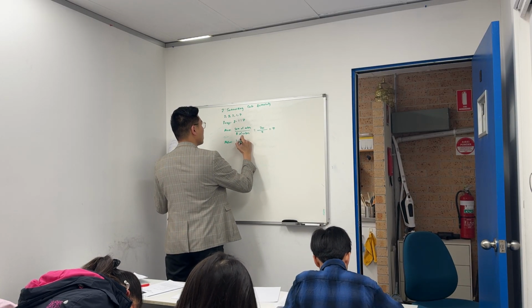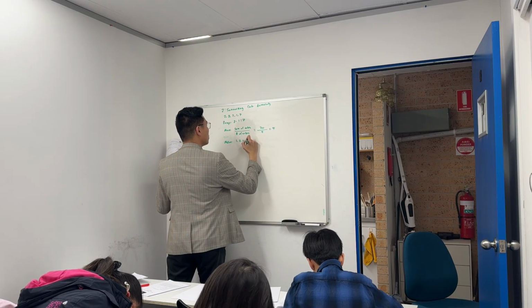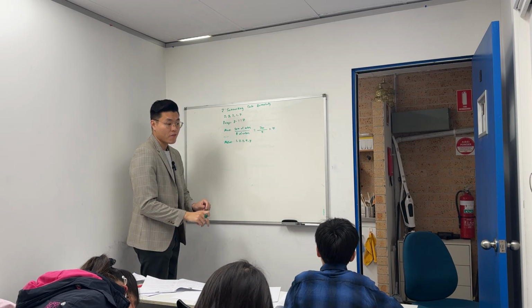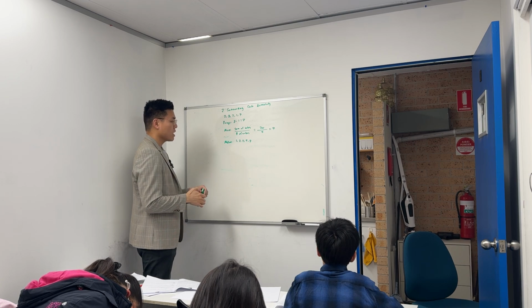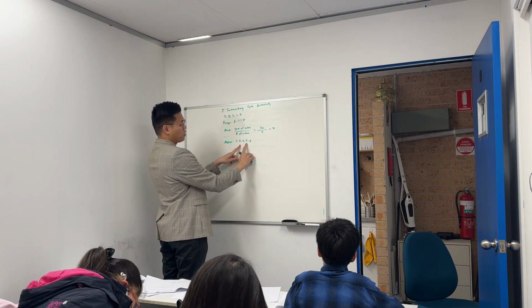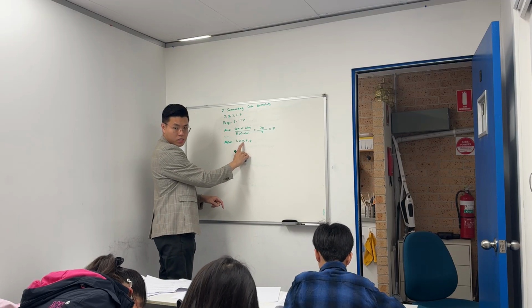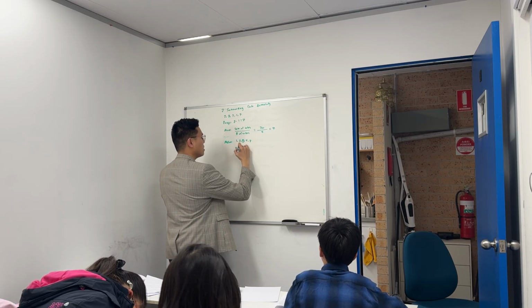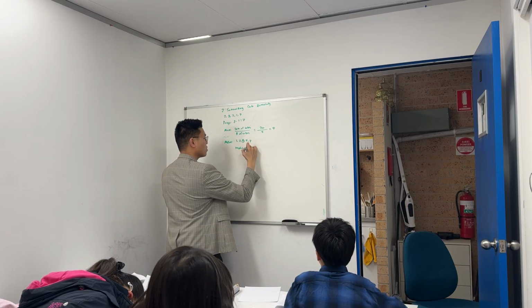So you have 1, 2, 2, 7, and 8. Then I find the middle value in this data. I count inwards: 1, 2, 3. This number 2 here is the median value. So median equals 2.